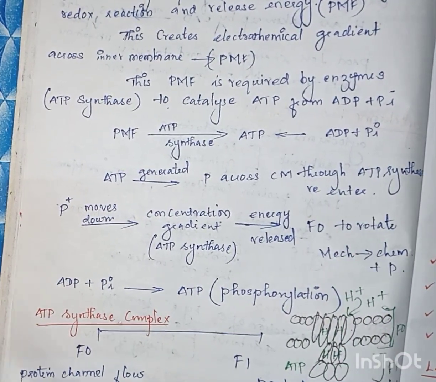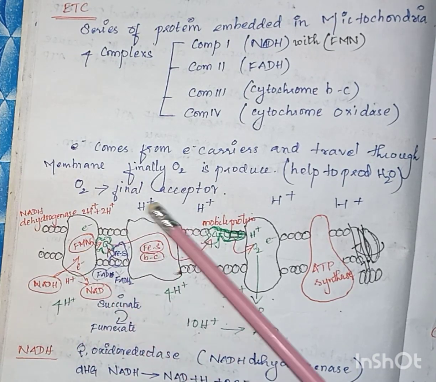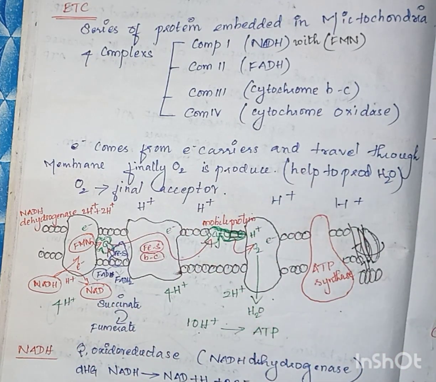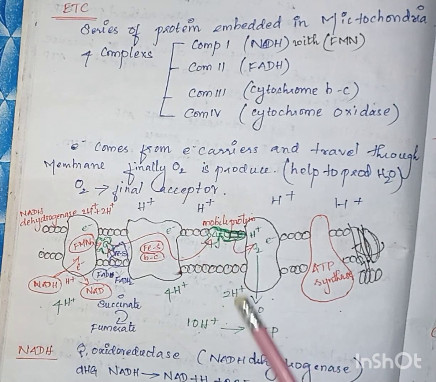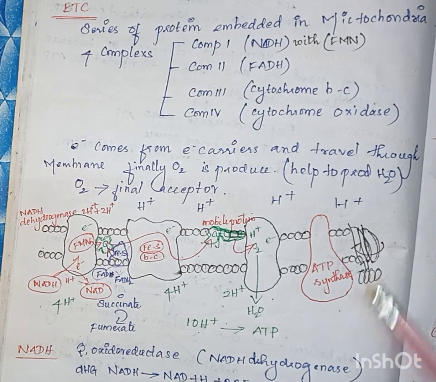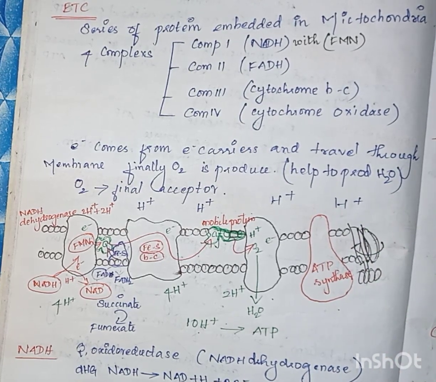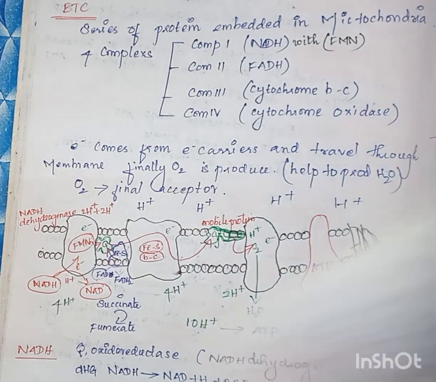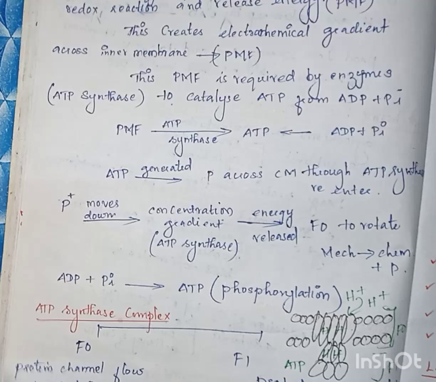Here we can understand that when it donates the electron, it produces H plus ions outside the membrane. When they flow inside, this is the part I've drawn here, that is the last part, ATP synthesis.